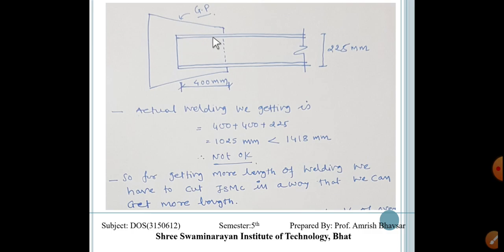So if we directly weld this much length, it will be up to 1025 mm, which is less than 1418 mm. So it is not okay, we can't do that, because to resist that 750 kilonewton force we must have welding up to 1418 mm or greater than that.